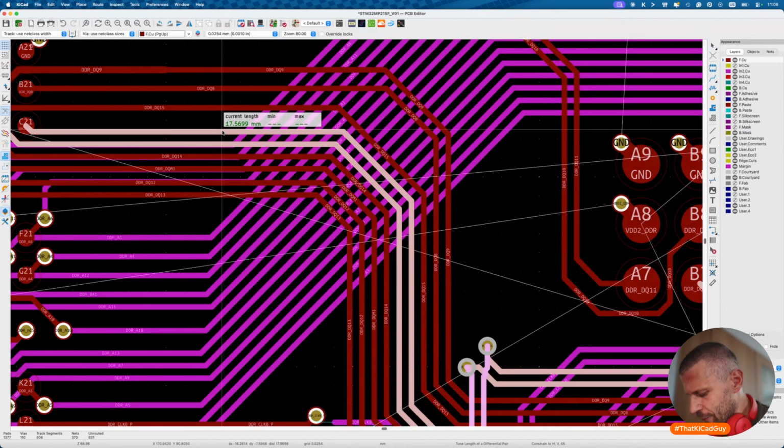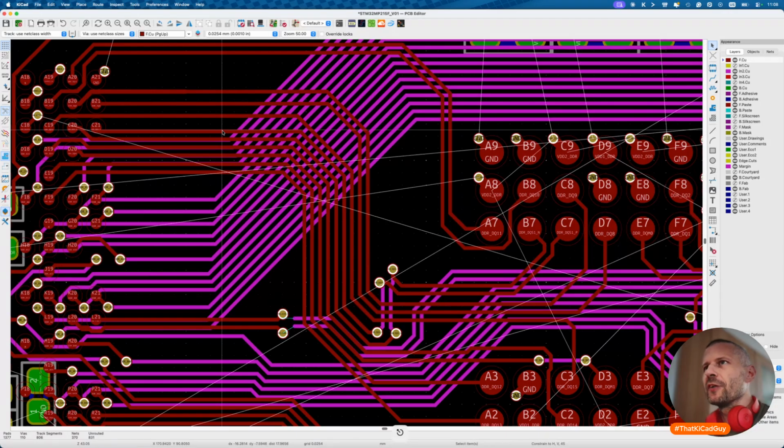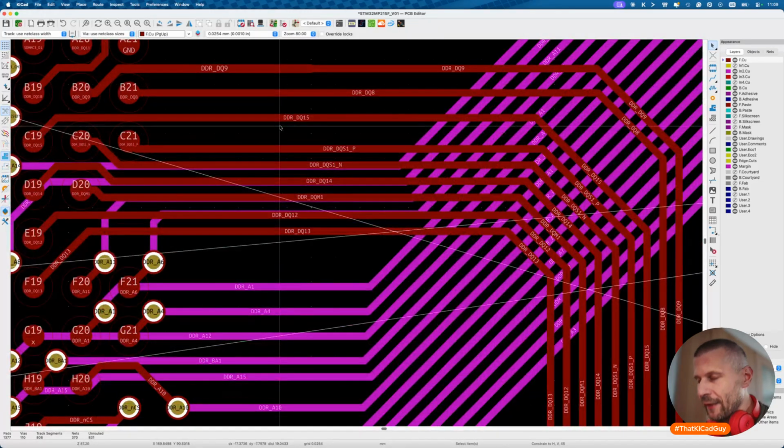Differential pair is 17.57, we said. And if we take this length as an average length, yeah, we can, as an average length, all the other signals of the upper byte group must be, let's say, 16 to 19.